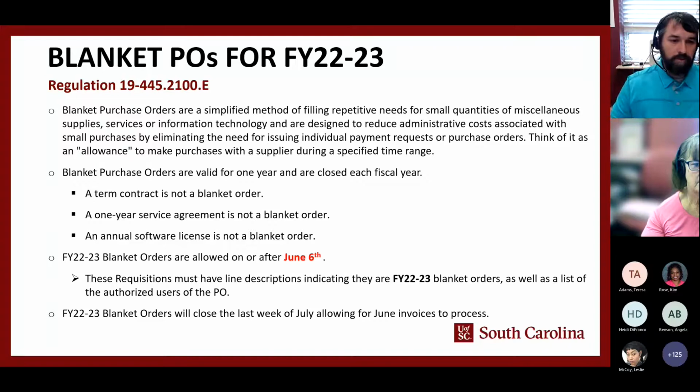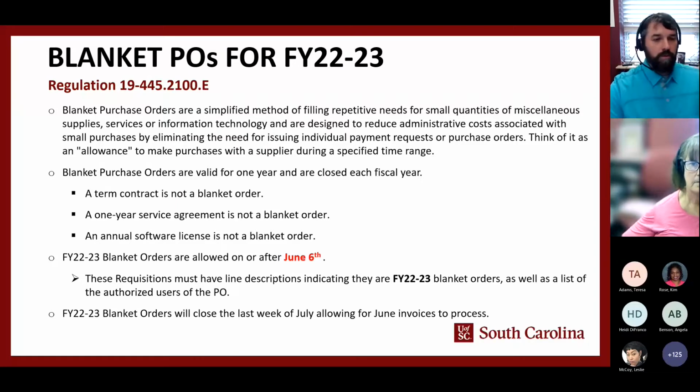Annual software licenses are another example that's not a blanket order, because you buy the license and it's effective for a year. And at the end of the year, you have to either renew it or just stop using that software. So let's make sure that we use the terminology blanket whenever it applies to something that will have multiple invoices. We loosely defined it back when we started PeopleSoft that it would be a minimum of once per month.